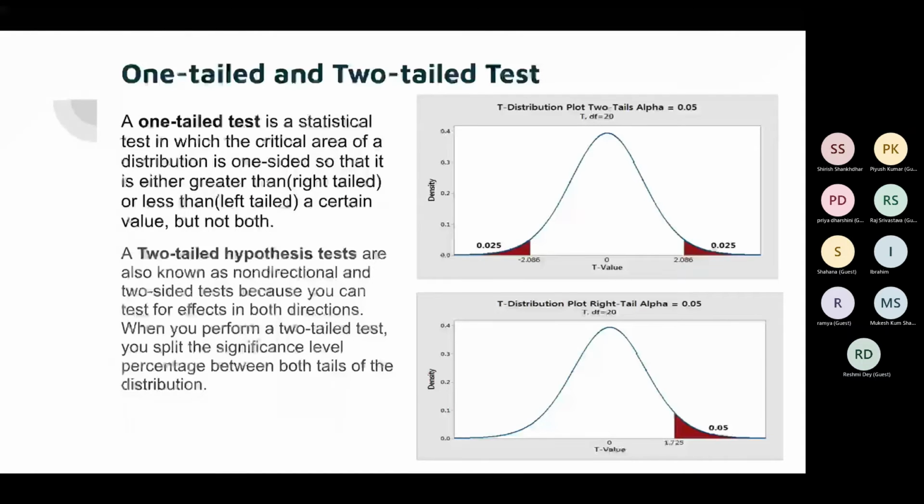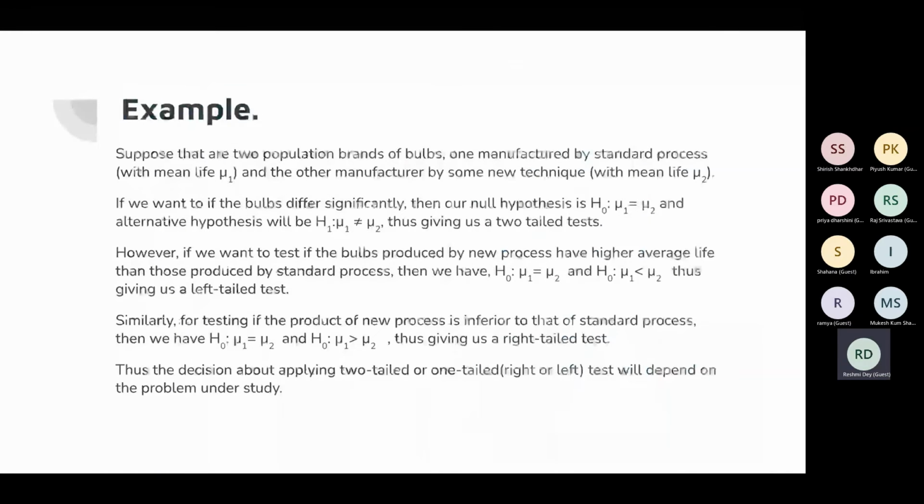Example: suppose that there are two population brands of bulb. One manufactures a bulb with a standard process, and the other manufacturer uses some new technique.